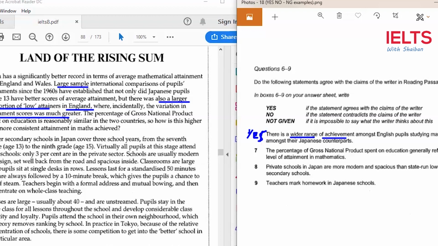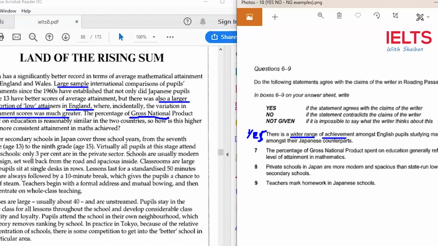Now, number 7. The percentage of gross national product spent on education generally reflects the level of attainment in mathematics. So he said here, national gross. This is my key here.